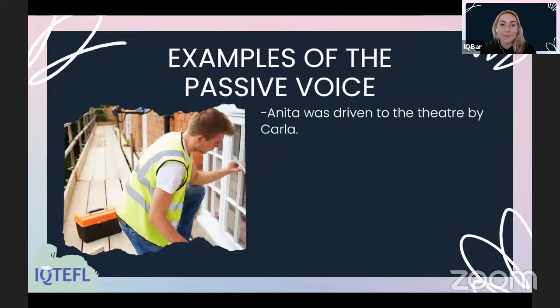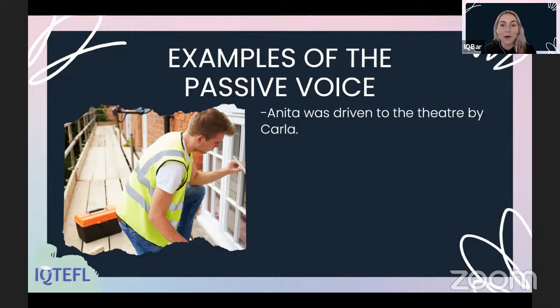So firstly, we have Anita was driven to the theater by Carla. So an easier way to understand this would be to first take a look at the active voice. Now the active voice is what we hear most often when we are talking or when we are speaking to someone else.